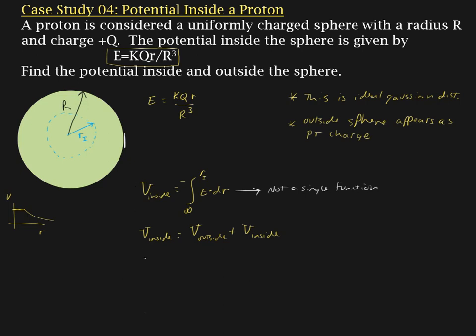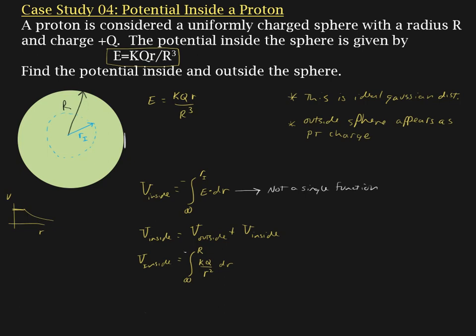Okay. So if we rewrite this in other terms, we get V inside is going to be equal to the integral from infinity to the outside of the proton, capital R, of kQ over r squared dr. And remember, that's because the electric field outside the sphere looks like an electric field of a point charge.